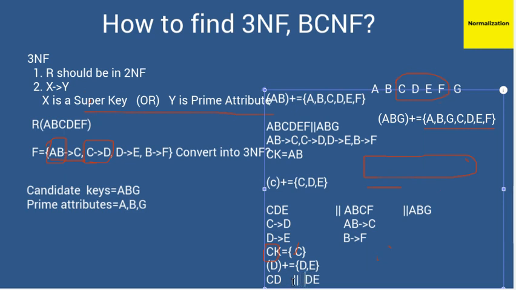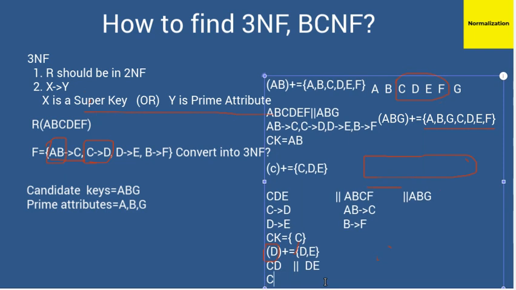That's it. So now write the functional dependencies present here. The first functional dependency in this table is C gives rise to D, and here D gives rise to E. Now find the candidate keys in both the tables. Here the candidate key is C, because it is a super key, so it is in 3NF, and D is a candidate key in this table, so it is also in 3NF. So both are in 3NF.